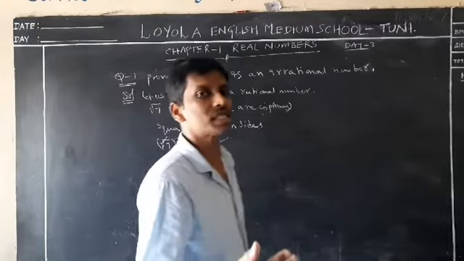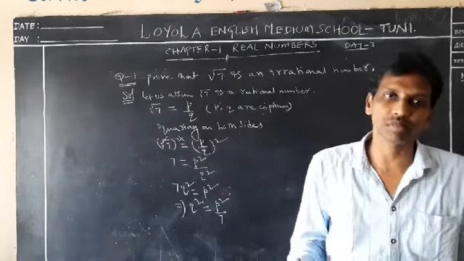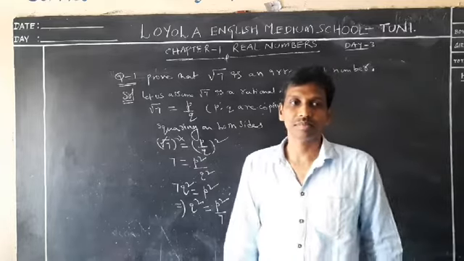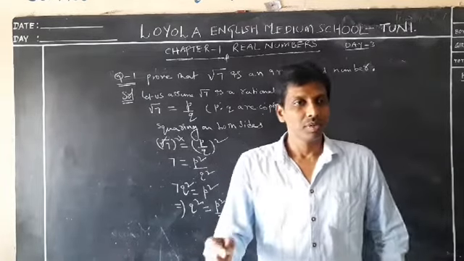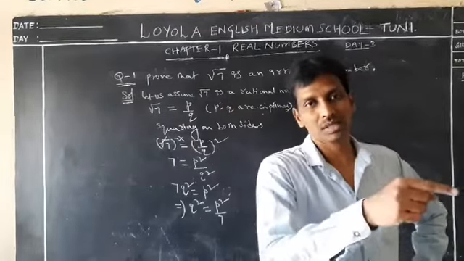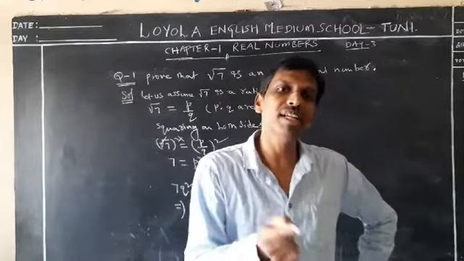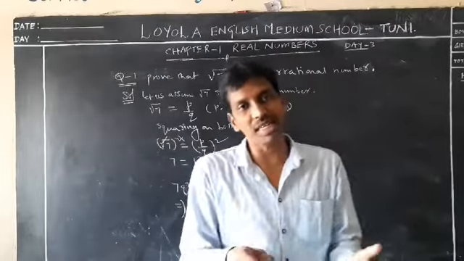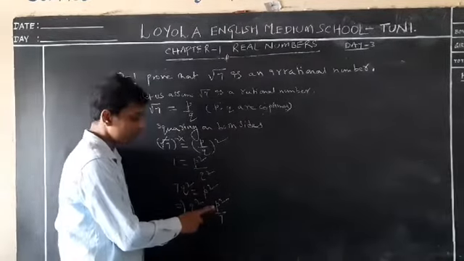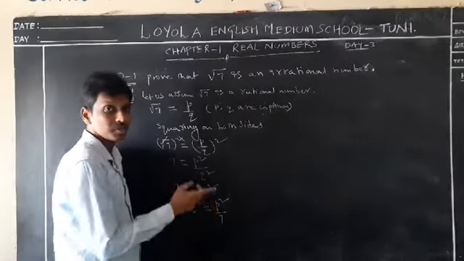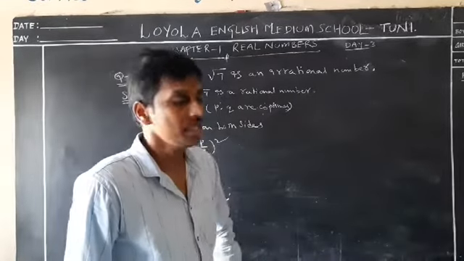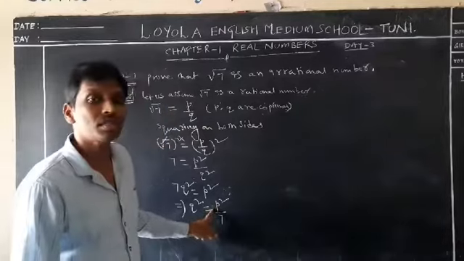Let us recall theorem 1.6. What did we discuss in the morning itself? If 2 is a prime number and 2 divides 4 square, then 2 divides 4 also. We use that condition here also. Here you see 7 divides p square, which implies, by using theorem 1.6, can we say 7 divides p or not?